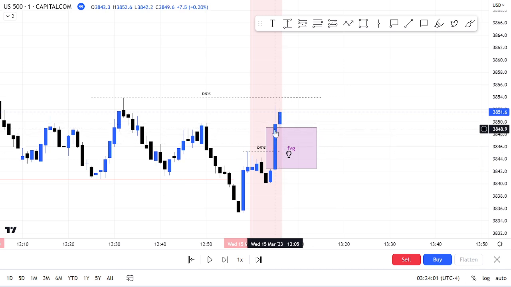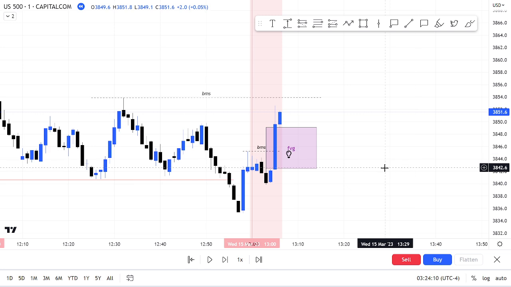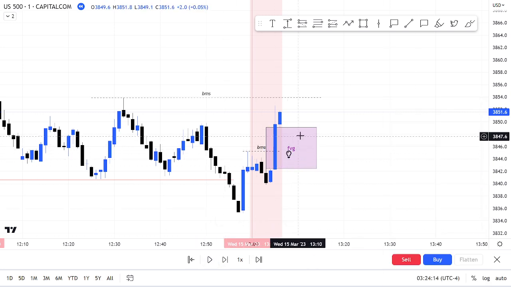This space is what you call the fair value gap. I will leave a proper explanation in the description, or a link to the video that I used to really understand fair value gaps. So I will try to enter as soon as price touches this level, and my stop loss would be either at the low of the fair value gap, so below here, or below this price right here.